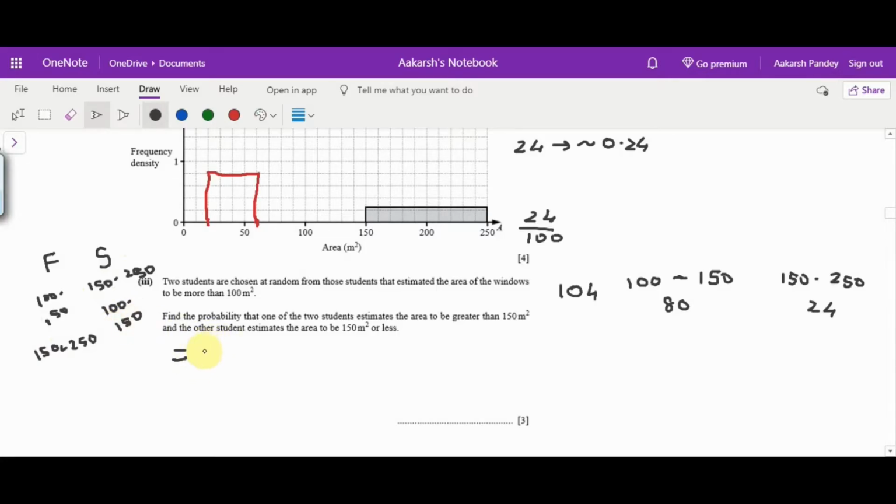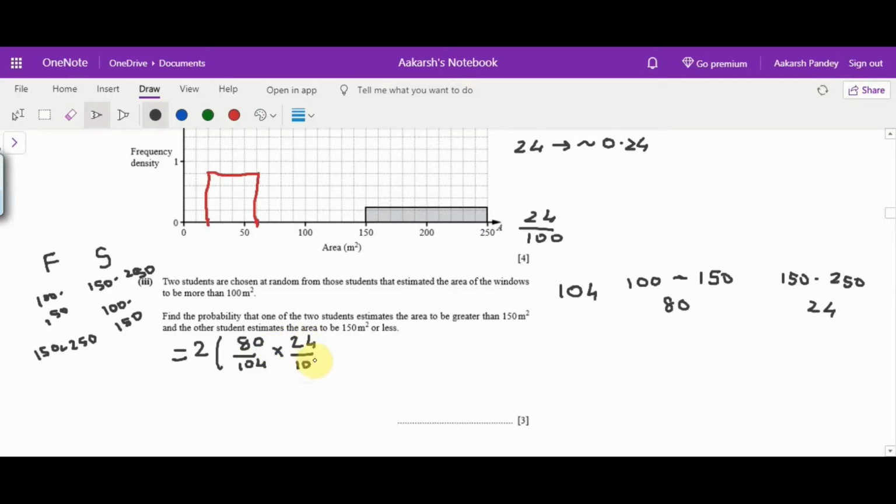So keeping that in mind, I'll calculate the probability for one case, and then I'll just multiply it by 2. So what I actually get is 2 times, first I have a student, one of them will be out of 80, so it will be 80 out of 104 times 24.